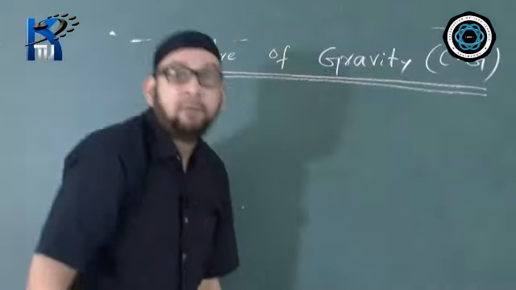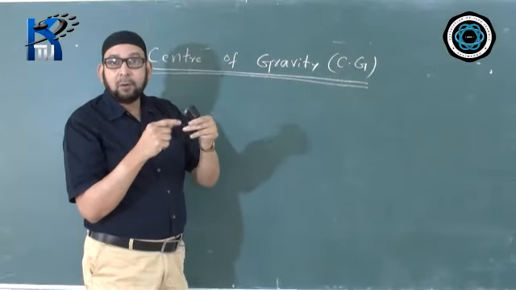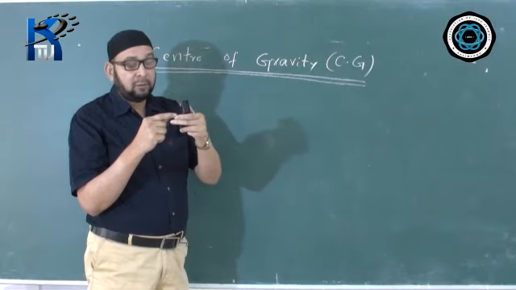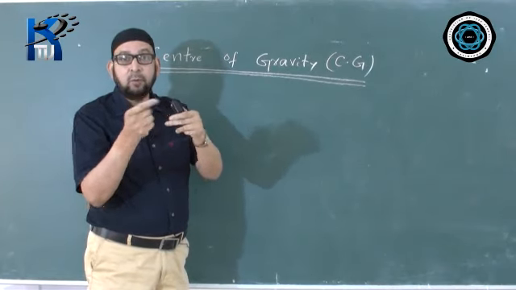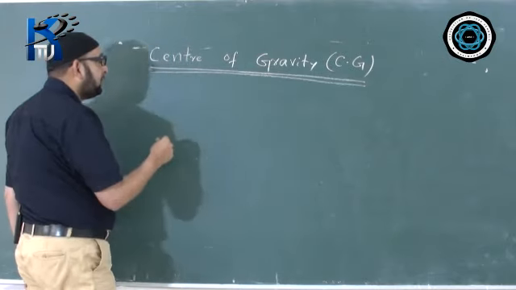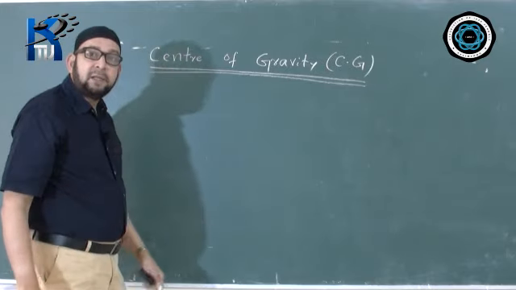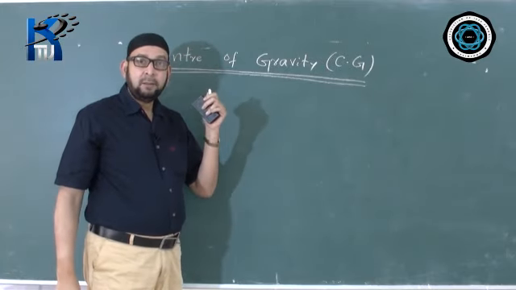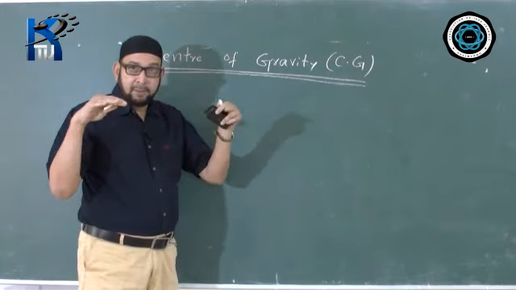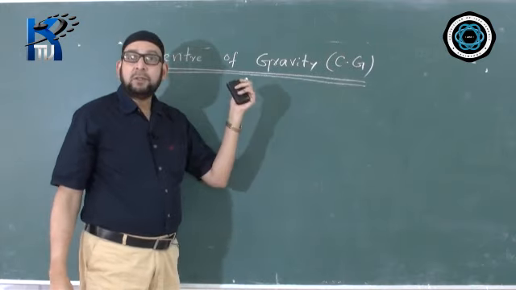So we can say it is the point on the body about which the body remains in rotational equilibrium due to its own weight.